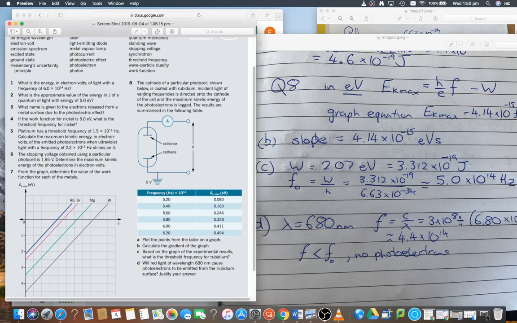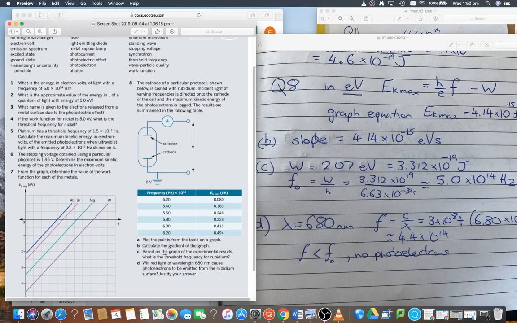The results are summarized in the following table. So we've done the experiment to measure the maximum kinetic energy, and you've got the table here, and we have to answer some questions based on that. We've got to plot the points from the table onto a graph, and calculate the gradient of the graph.